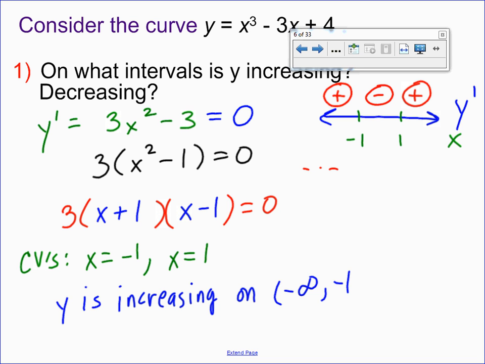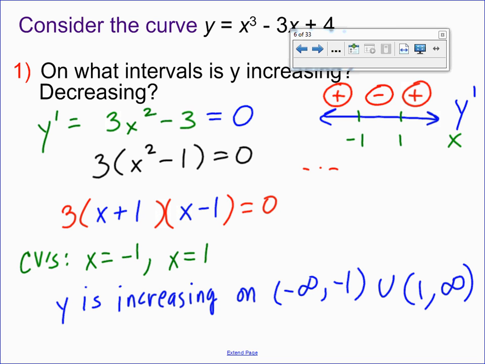I'm also going to include parentheses on the negative 1 because at negative 1, y is not increasing. Y prime equals 0 there, so y must have a horizontal tangent. So therefore, I'm not going to include negative 1 on my intervals of increasing either, and I'll show that with the parenthesis in interval notation. Union, it's also increasing on parenthesis 1 to infinity. And so we see that, given our sign diagram chart.